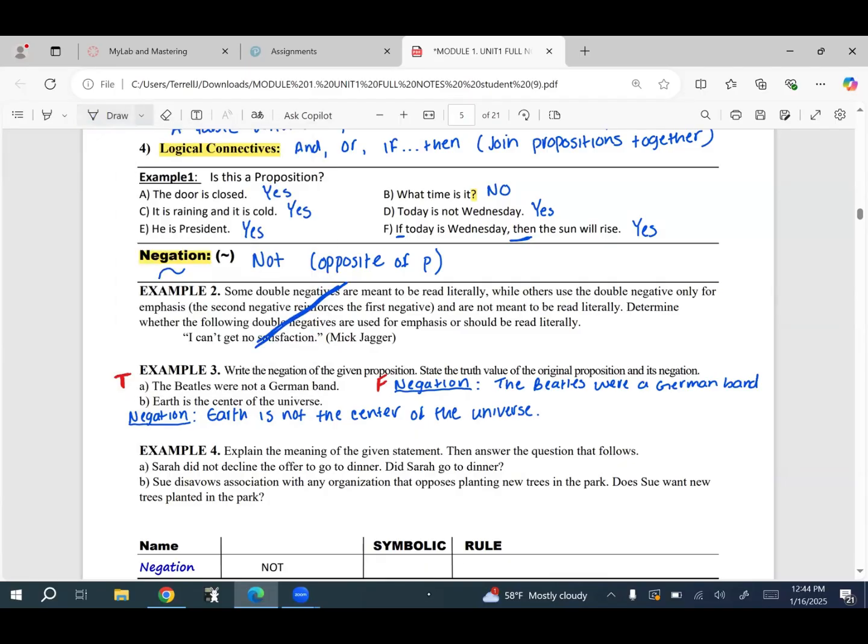So the original proposition, is that true or false? Earth is the center of the universe. And then next, Earth is not the center of the universe. True. Very good.